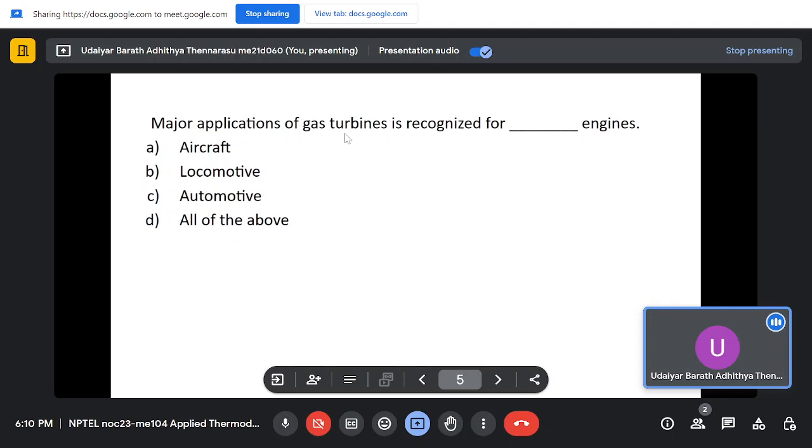We know automotive uses an internal combustion engine, and locomotives are usually run by electric or diesel engines. Previously there were steam engines, now it's all diesel and electric. And A is aircraft. Aircraft uses a Brayton cycle, so gas turbines are a major application for aircraft engines. So the answer is option A.